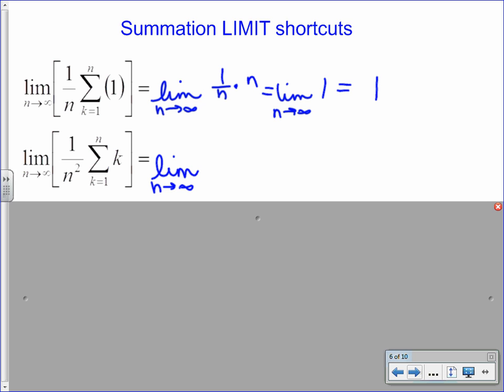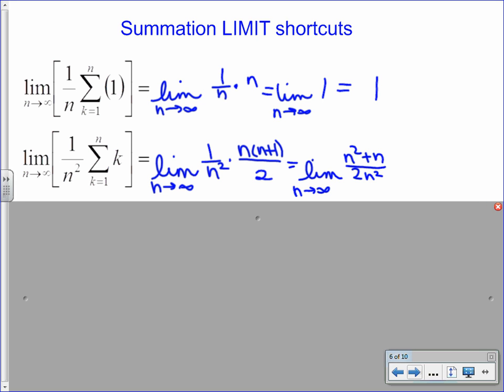So we have the limit as n goes to infinity of n squared plus n all over 2n squared.